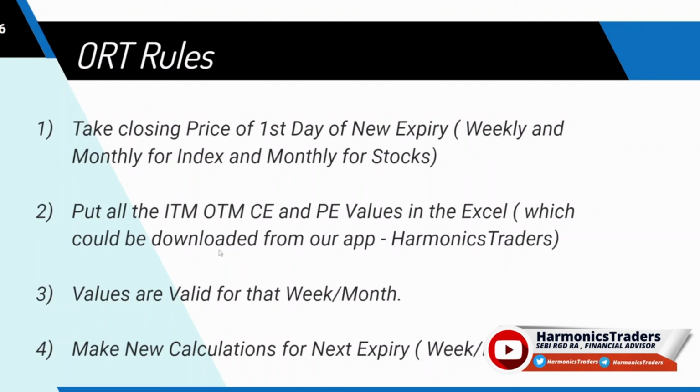You can download the Excel for free from our app Harmonics Traders, under the study material, and post the values. Those values would be valid for that particular week if it is a weekly expiry, or that month if it is a monthly expiry. Once the week is done, every Friday with respect to weekly expiry, after Friday's close, you can take the values, make a new calculation and use it for the next expiry, right?